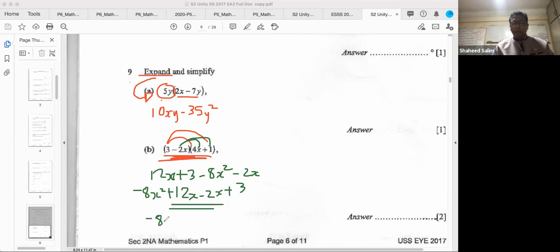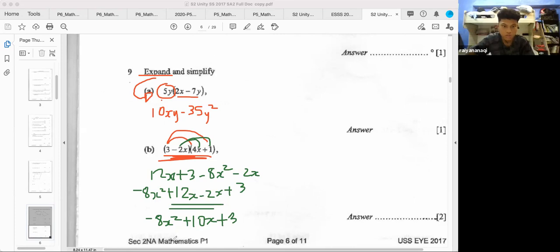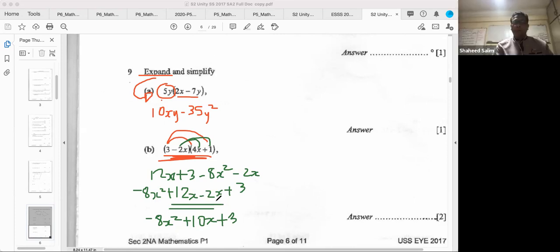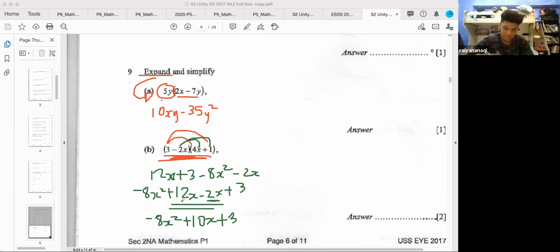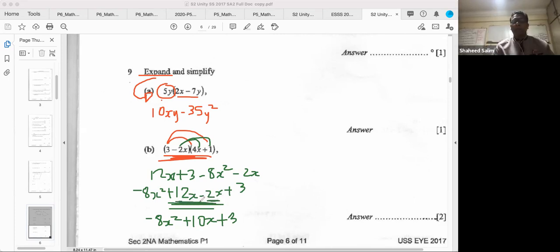Minus 8x squared plus 10x plus 3. Yes, it's not 10, it's 12, but 12 minus 2x. So this is the simplifying part. Okay, we move on. Are you okay?